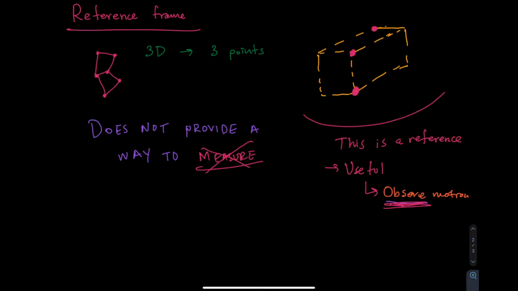So you have fixed points. In this case, you have 3 points in space, and you will use them to observe if something is moving or not.